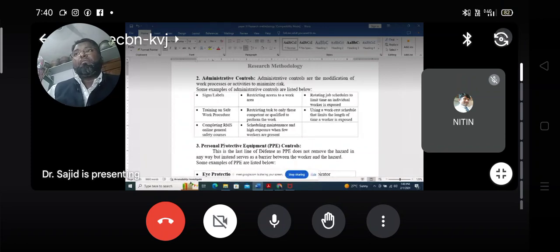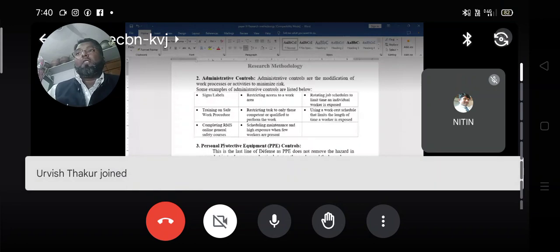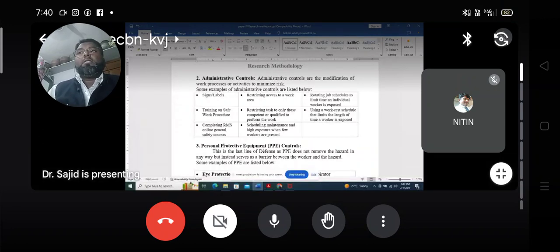Training on safe work procedure: when you come to the lab, your supervisor, teacher or instructor has to inform you regarding the safety of the lab and safe work procedure. Completing online general safety courses. You can go for numerous research methodology or safety courses online. Then restricting access to a work area, restricting tasks to only those who are qualified to perform the work.